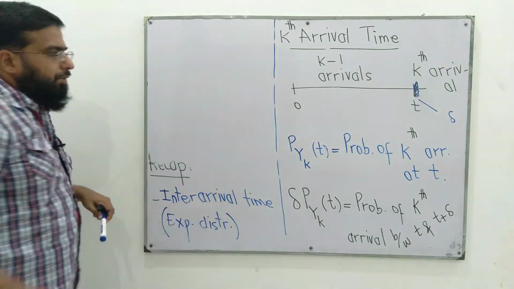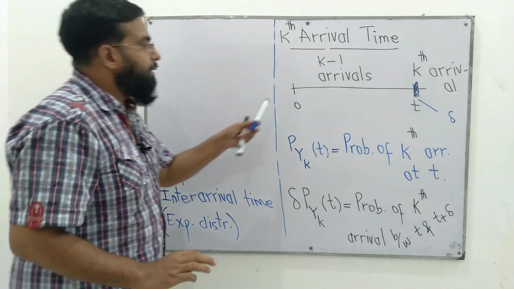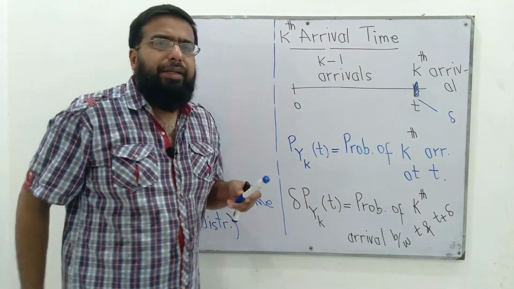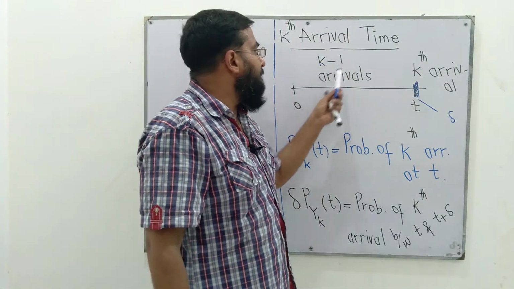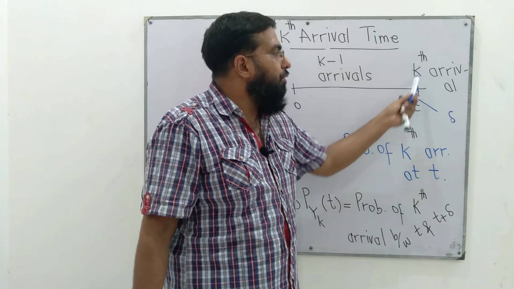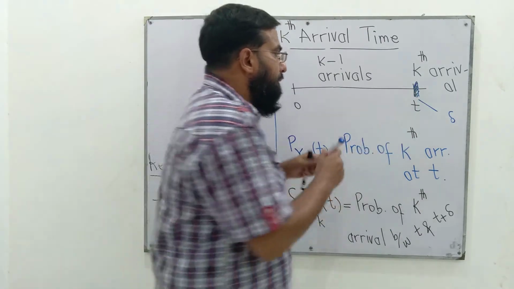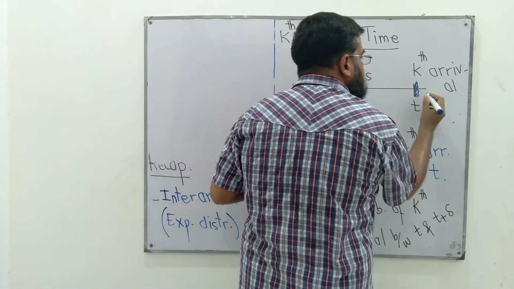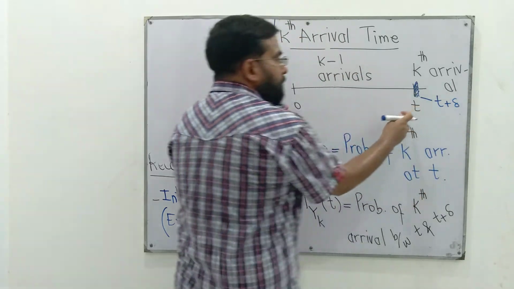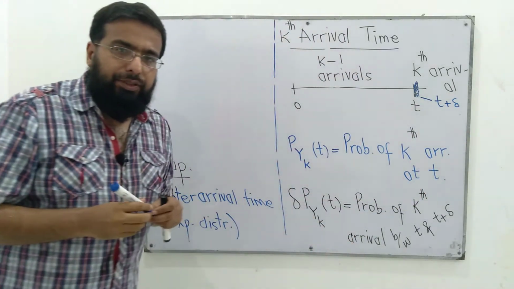So this can also be written as a product of two independent events, because having k minus 1 arrivals from 0 to t and exactly one arrival between time t and t plus delta, these two events are independent of each other.